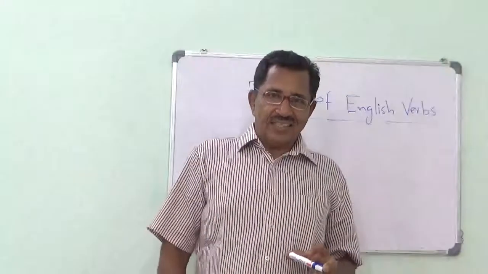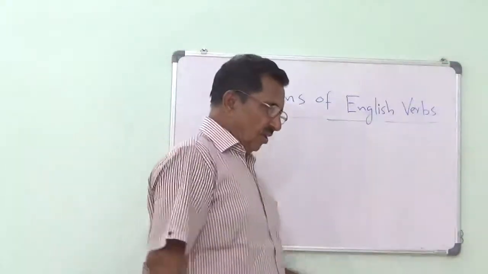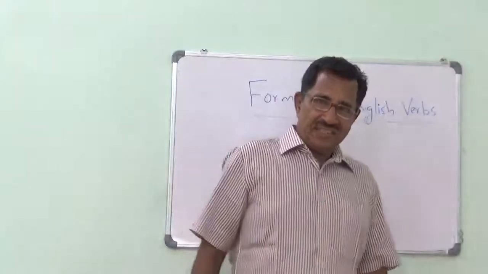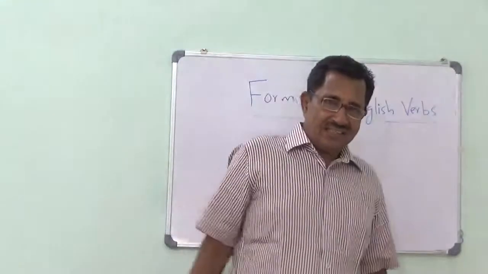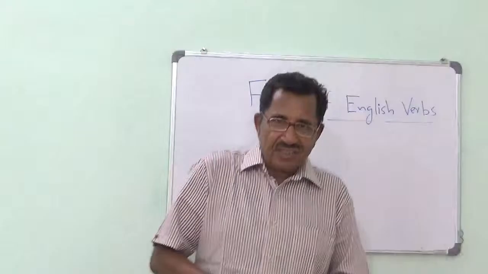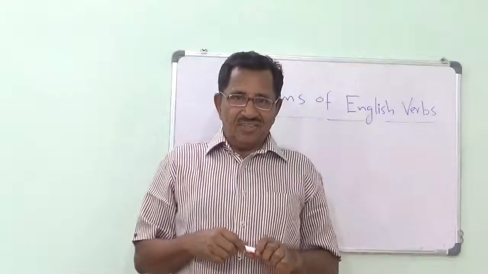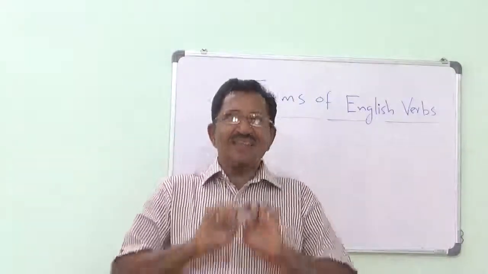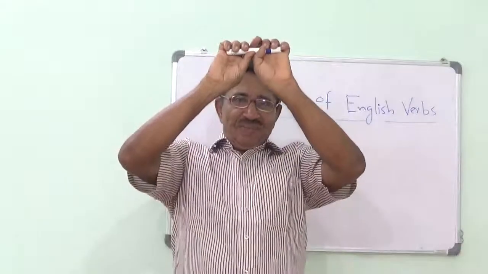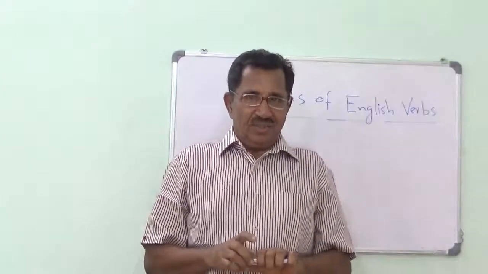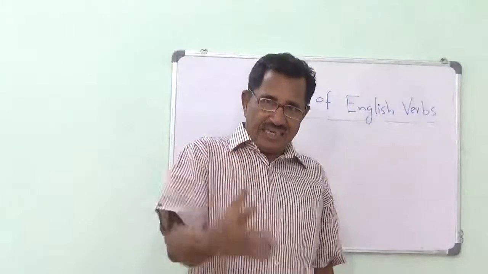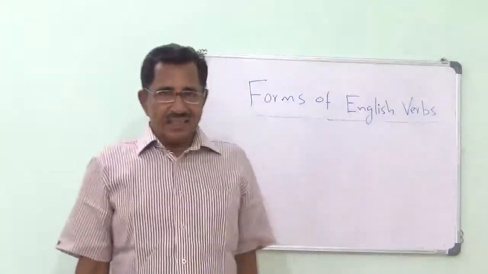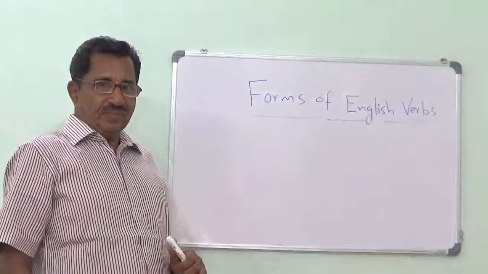Write, an action. Then walk, an action. Run, an action. Lift something, action. Suppose this is a heavy weight and I am lifting it. So weight lifting, that's an action. So any word that describes an action is a verb.